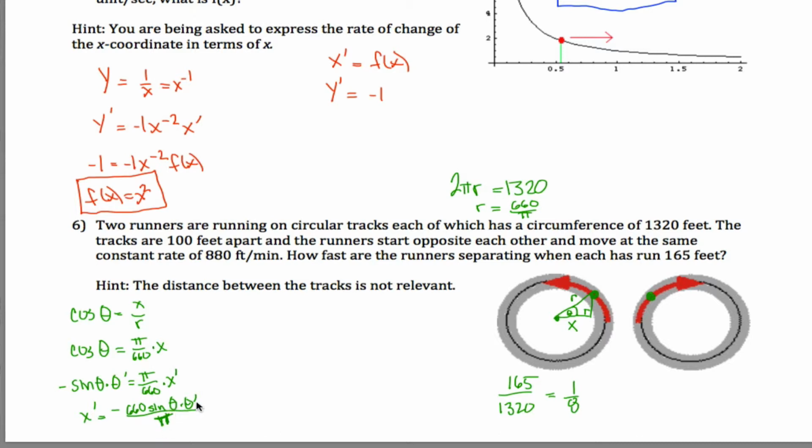Okay, problems. What's sine of theta? What's theta prime? Well, I can find sine of theta. So this is 1/8, so the runner is 1/8 of the way around the track.